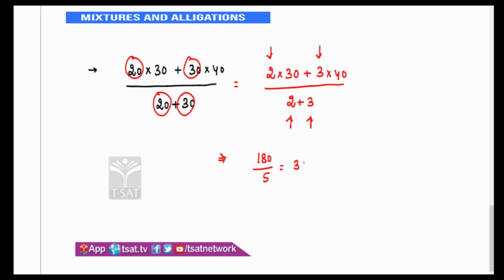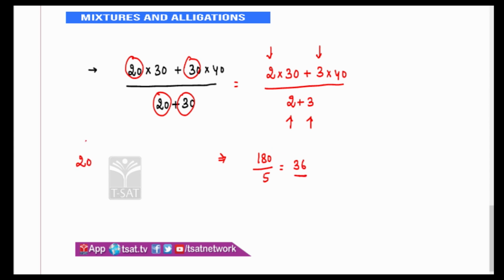If I take common 10, I am making it simple: 2 into 30 plus 3 into 40 divided by 2 plus 3. Now 20 and 30 became 2 and 3. So we don't need to worry about the multiples. We just need to concentrate on the simplest values possible. So it is 60 plus 120, 180 divided by 5. This one is 36.